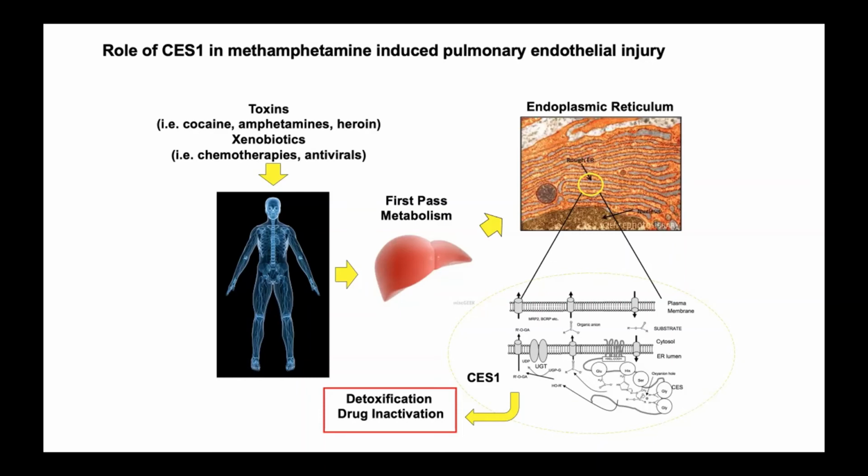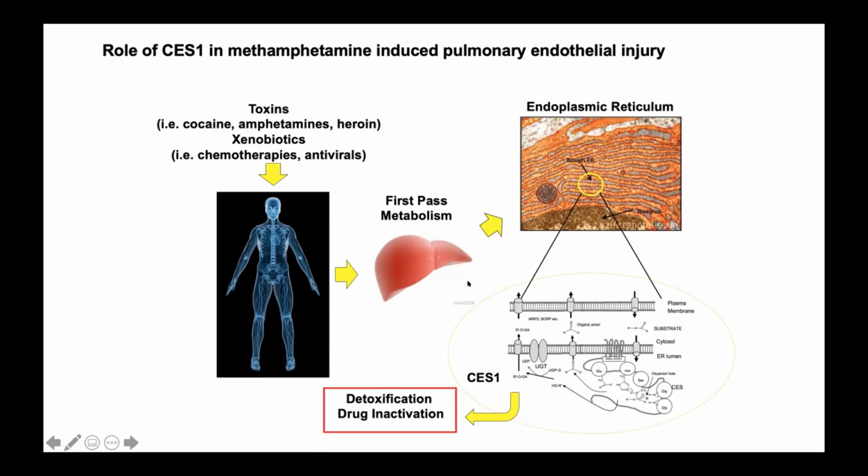That led us to think that this enzyme may be playing some role in the metabolism of toxins and in causing the endothelial dysfunction related to pulmonary hypertension. This enzyme metabolizes esters.